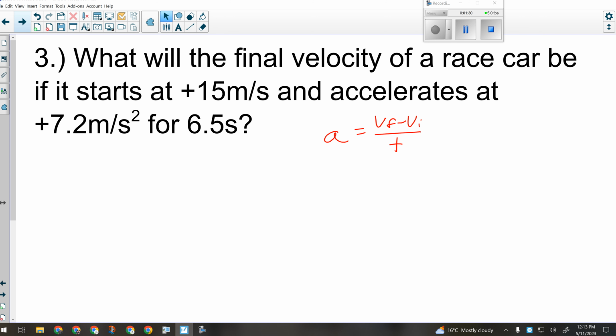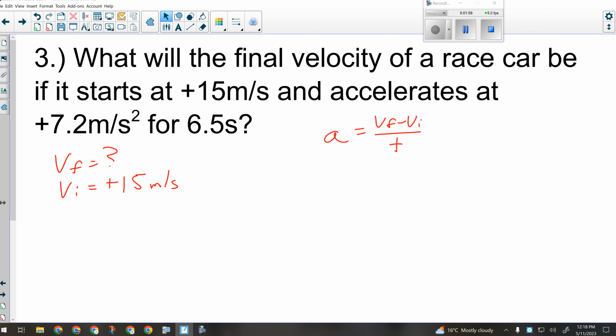So, the question says, what will the final velocity of the race car be? As we established already, that means we're looking for VF. If it starts at positive 15 meters per second, what did they give me there? Initial. That's initial velocity. And it accelerates at positive 7.2 meters per second squared.